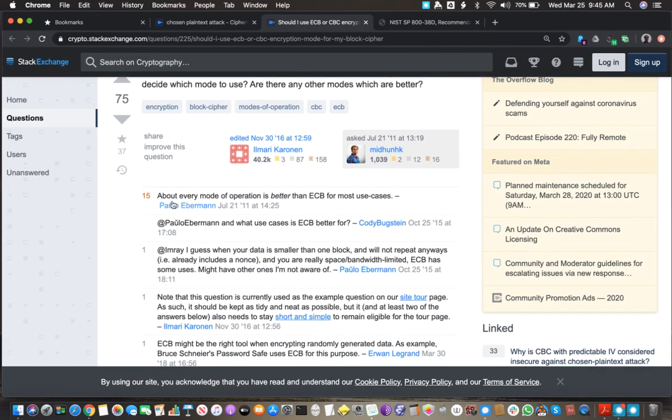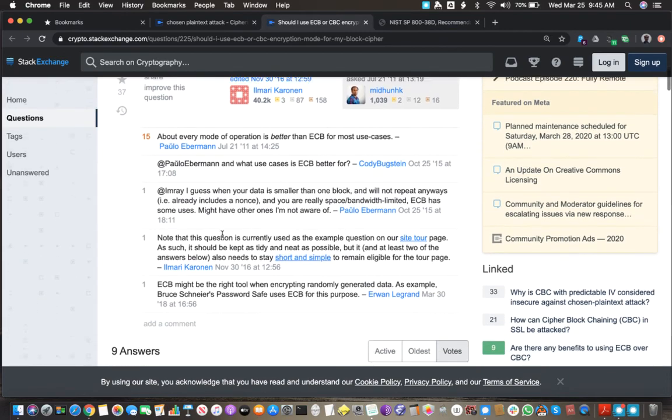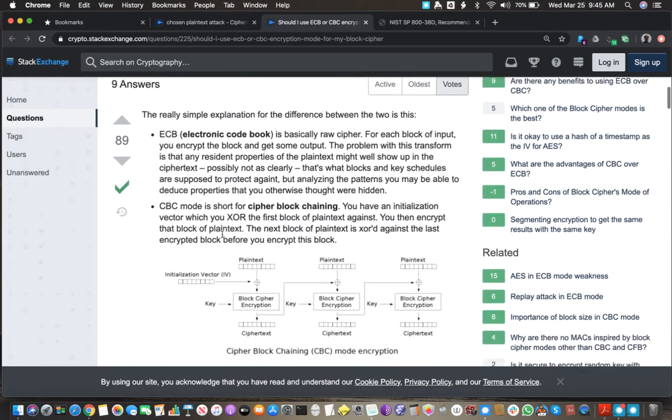And you can see also what the conventional wisdom is. As someone says here, nearly anything is better than ECB. So they've understood that ECB is bad. By the way, it doesn't mean it isn't used anymore, unfortunately, but it's slowly being eroded out. There are more detailed answers here.